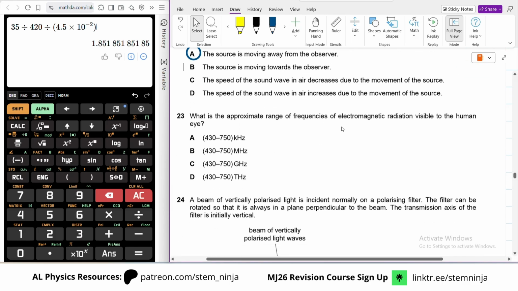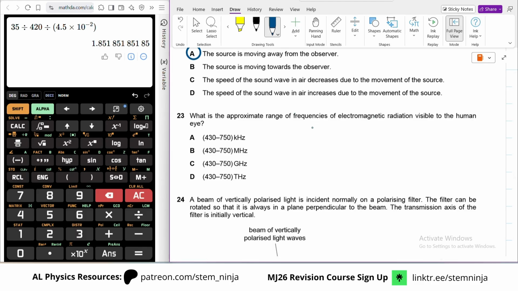What is the approximate range of frequencies of electromagnetic radiation visible to the human eye? Okay, so if we extrapolate from the wavelength, we have 400 nanometers to 700 nanometers.